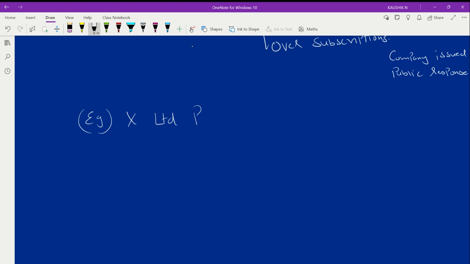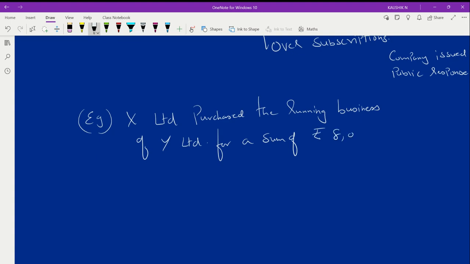X Limited purchased the running business of Y Limited for a sum of rupees 8 lakhs, along with the following assets and liabilities.